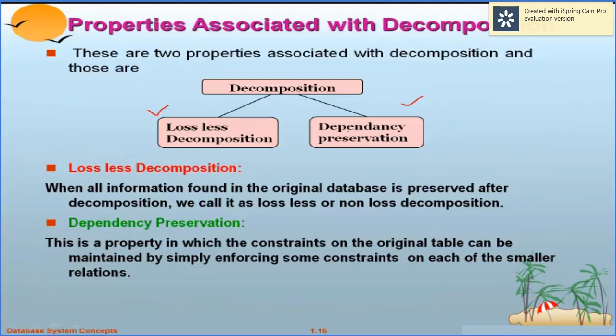The functional dependencies should be preserved, and there should not be any loss in the data. If you satisfy these two conditions, then we say the decomposition process has succeeded. So you have to look into the lossless decomposition concept and the dependency preservation concept. Very, very important concept again.